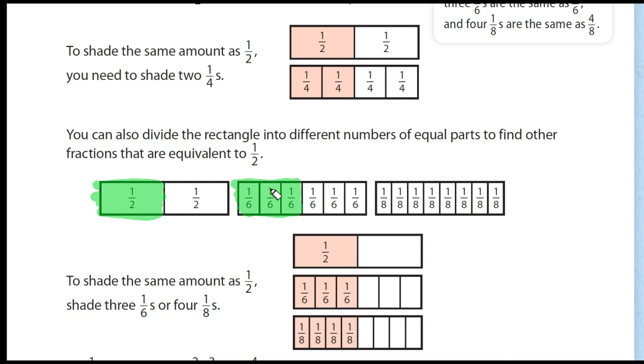Yes. And how many 8ths do I need to shade in? You're right, 4, because last time I checked, 4 is half of 8. And that's what they did right here.